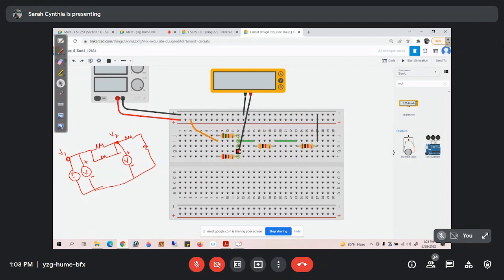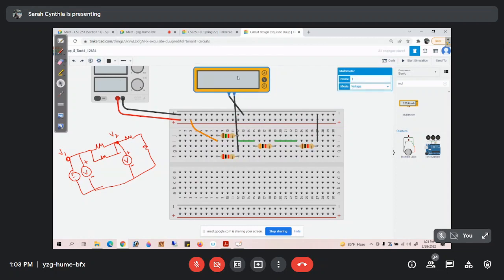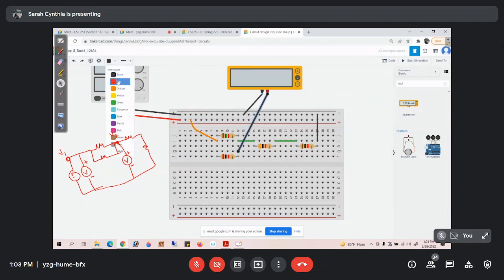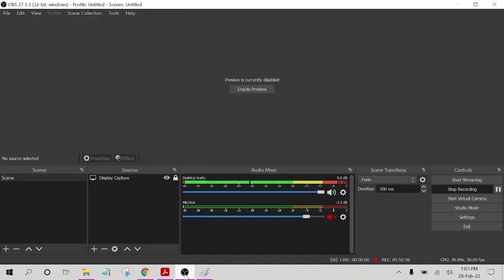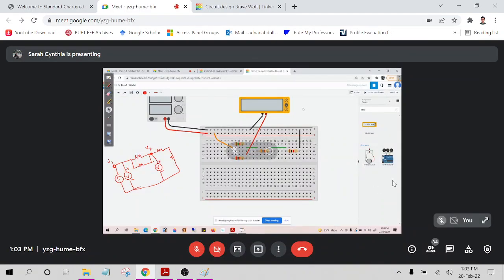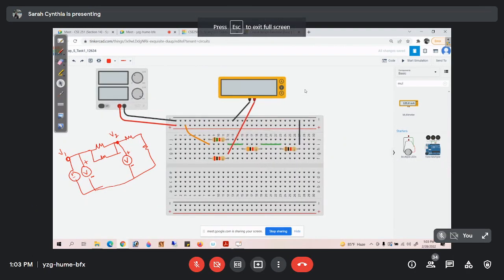So I'm dragging a wire over this node, and let me change the wire color. Now the voltage that the multimeter will show will be the voltage of V2. Let me start my simulation again.